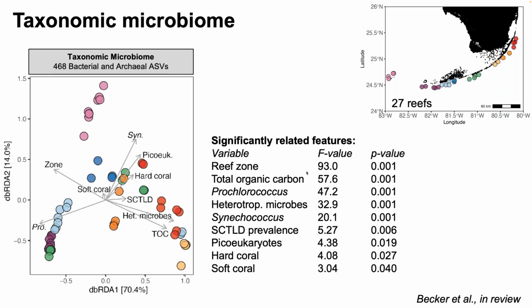So that is definitely a strong indication of the reef, as well as total organic carbon, Prochlorococcus, which are photosynthetic bacteria, heterotrophic microbes. These are abundances that we measure using a non-genomics-based method. Synechococcus abundance, the prevalence of stony coral tissue loss disease, as well as the abundance of pico-eukaryotes, hard coral, and soft coral.